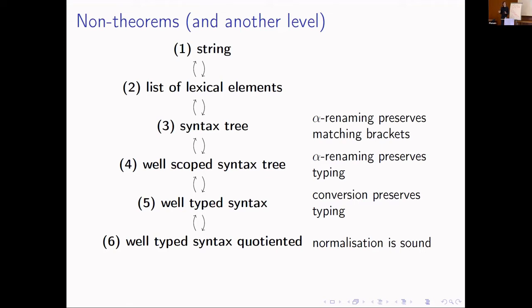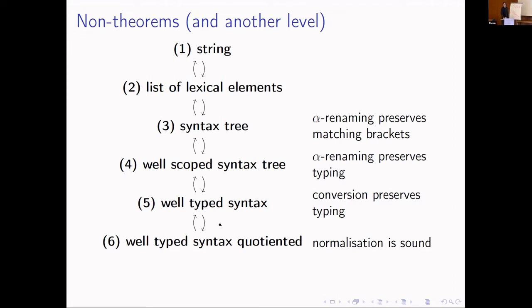That sounds a bit better, but still you don't want to prove it, because typing should be considered at a level where alpha-equivalent terms are equal. In the same way, conversion preserves typing. This is the main step of most soundness proofs for a programming language. But if you're working with well-typed syntax, or if conversion is well-typed, then you don't have to prove it, it's automatic.